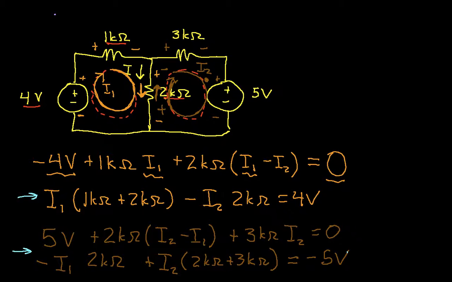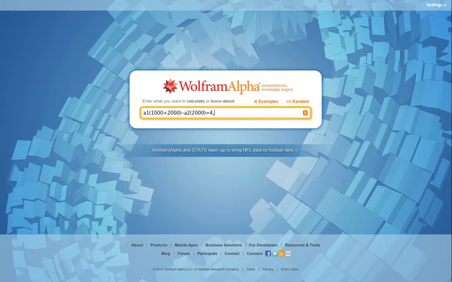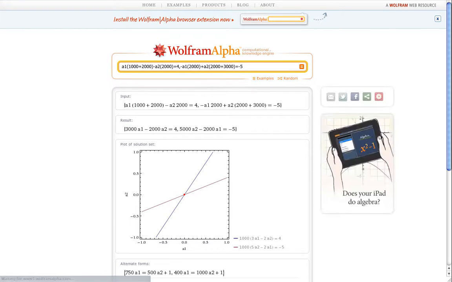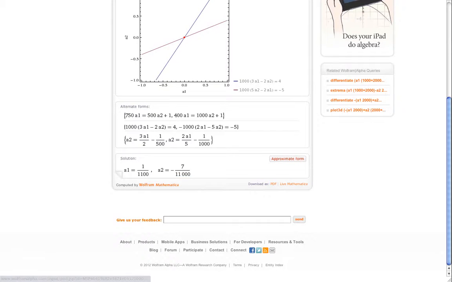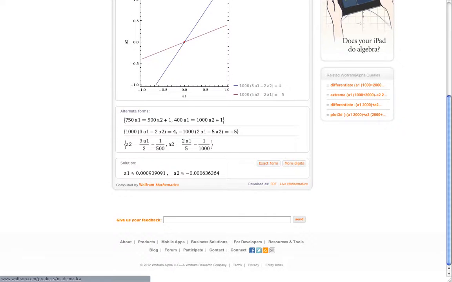Now we'll do the second equation. So we have minus A1 times 2K ohms plus A2 times 2K ohms plus 3K ohms, and this is equal to minus 5. So if I put these in correctly, we hit return, and Alpha gives us, wow, even a plot of the solution set, and gives us a solution in approximate form.